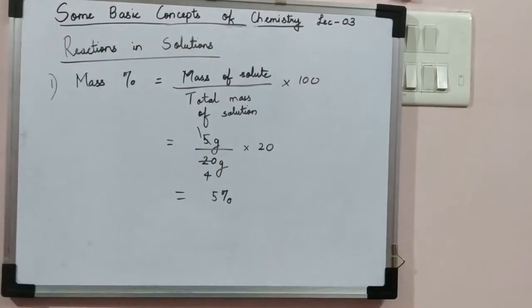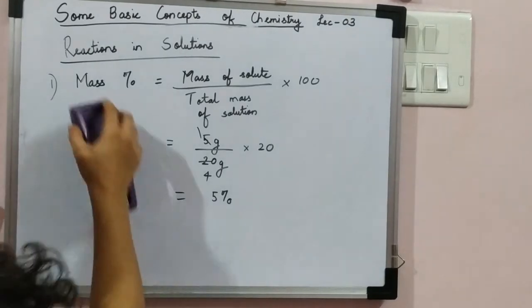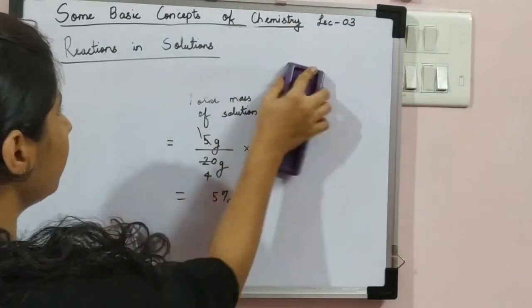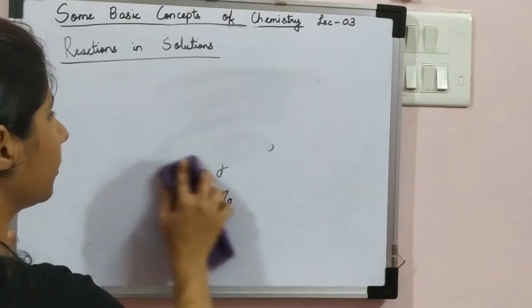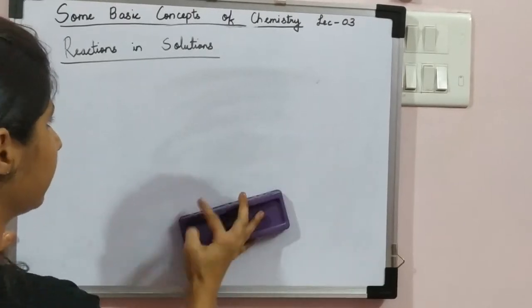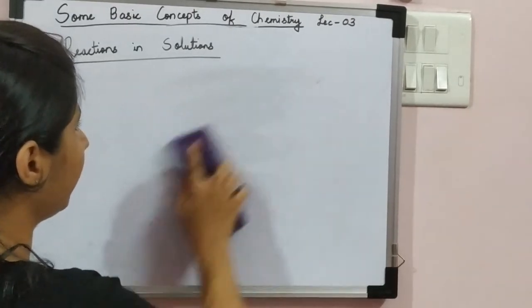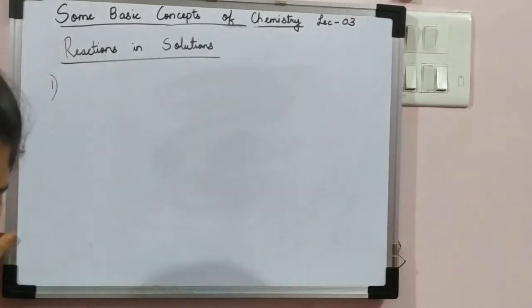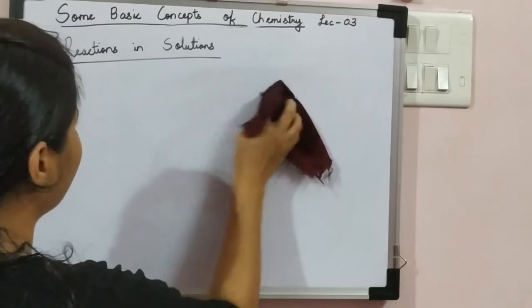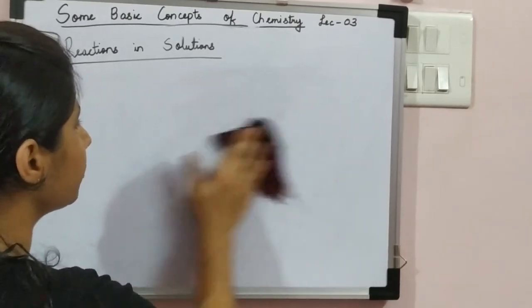The next thing that we have to learn is mole fraction. Now what is mole fraction? The same thing that we were doing in terms of weight, we will do in terms of the moles of the solute as well as the solvent, or any two substances which are mixed together.